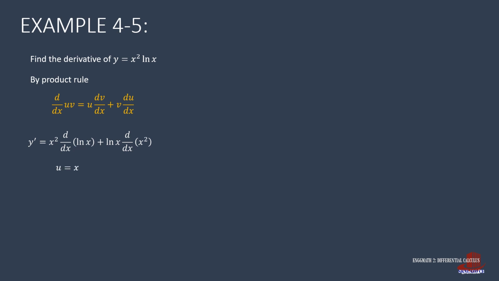U is then x, where its prime is 1. So y prime becomes x squared times the reciprocal of x plus ln of x times 2x multiplied by dx all over dx. X's cancel out in the first term, and also with the dx's, reducing y prime as x plus 2x times ln of x.